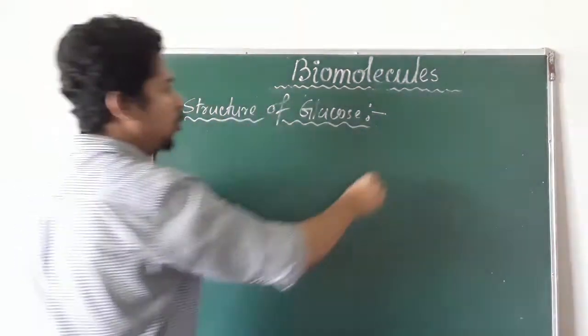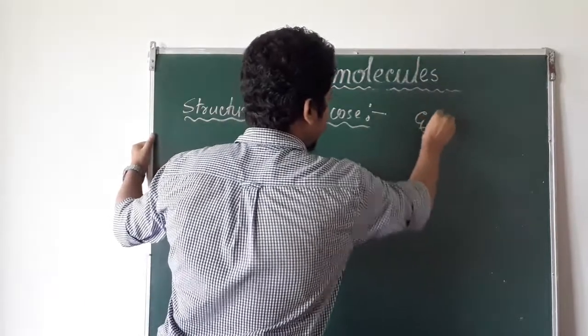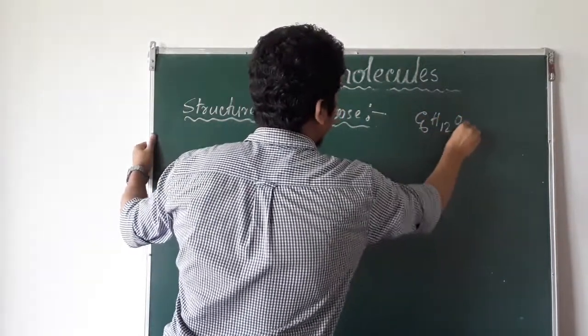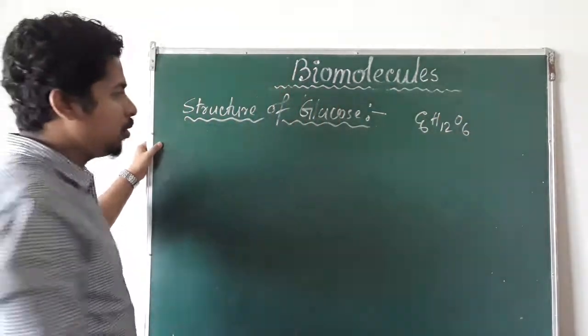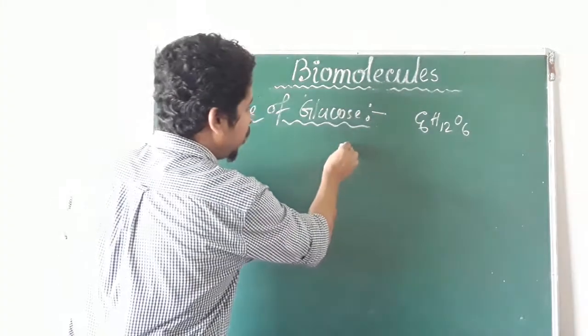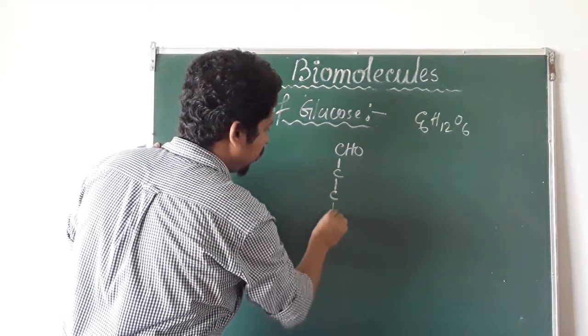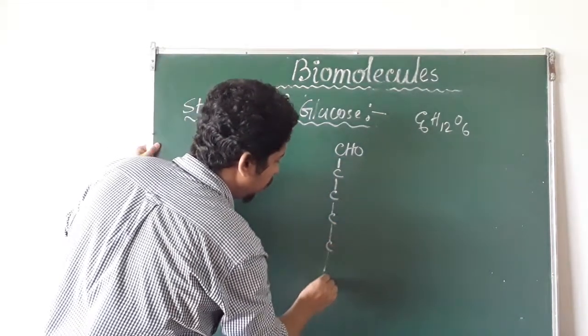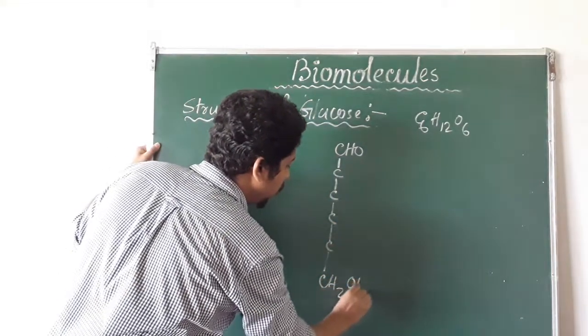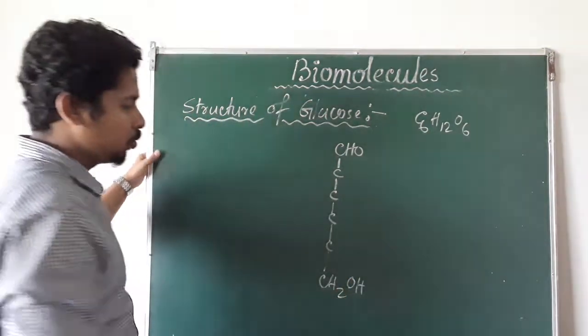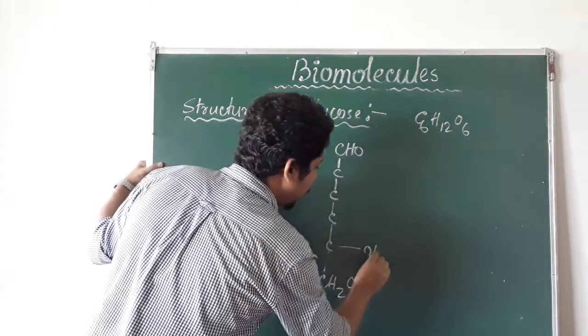We know the molecular formula of glucose is C6H12O6, and its structure can be drawn. You see here I am drawing the structure: CHO, bond, CH2OH.